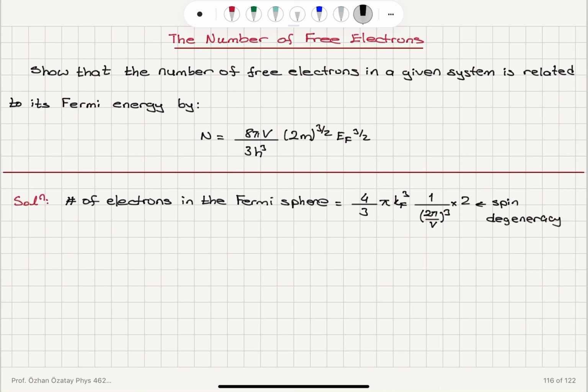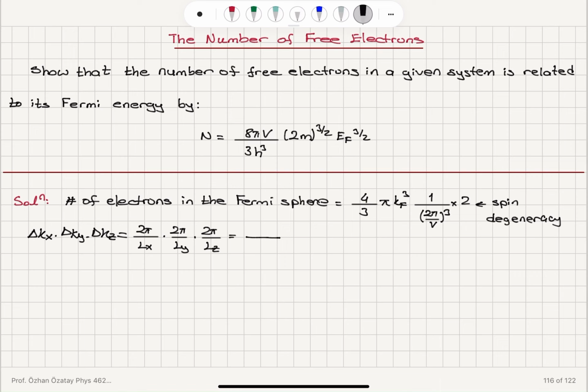All right. So the unit volume in the Fermi sphere, where we can have one state, is delta kx times delta ky times delta kz. It is 2 pi over Lx times 2 pi over Ly times 2 pi over Lz, the length in the z axis.